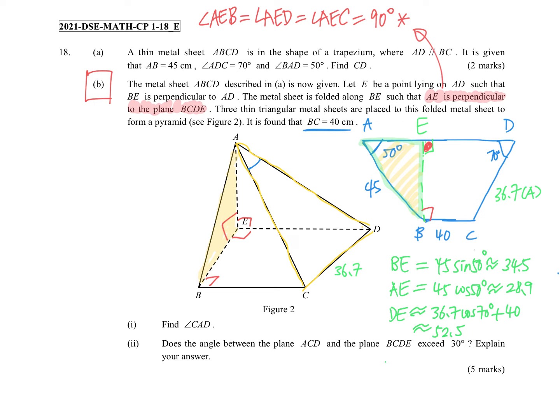For EC we can use Pythagoras theorem. Don't forget here AEC is 90 degrees, so that's why we can use Pythagoras theorem. So 34.5 squared plus 40 squared. So we're using this to find EC. So EC will be 52.8.